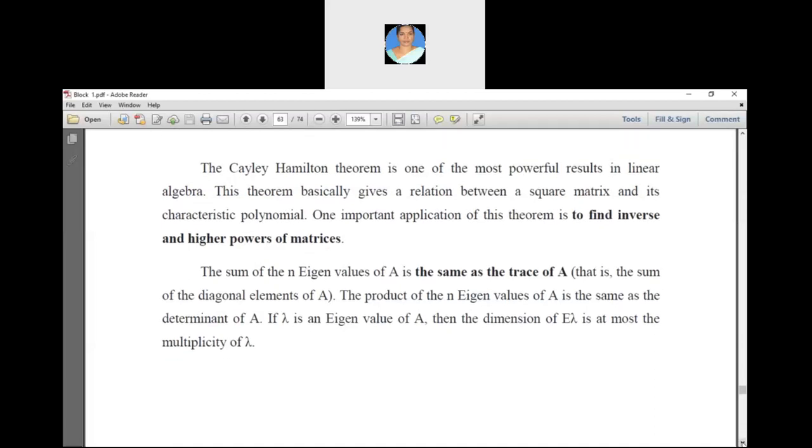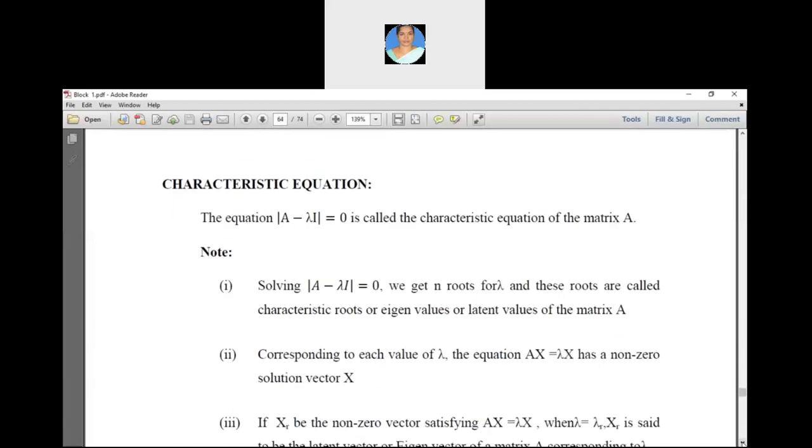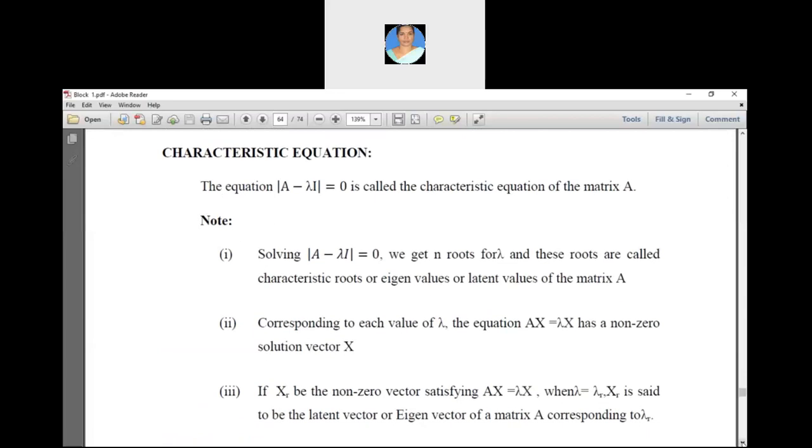Characteristic equation. The determinant of A minus lambda I equal to 0 is called the characteristic equation of the matrix A. Solving it, we get n roots for lambda, and these roots are called eigen roots, eigenvalues or characteristic values.